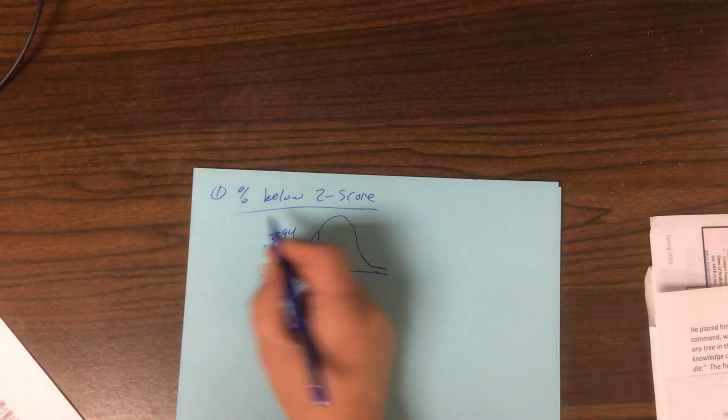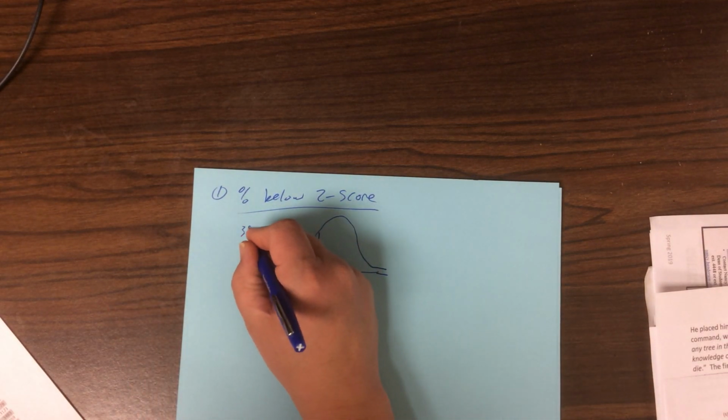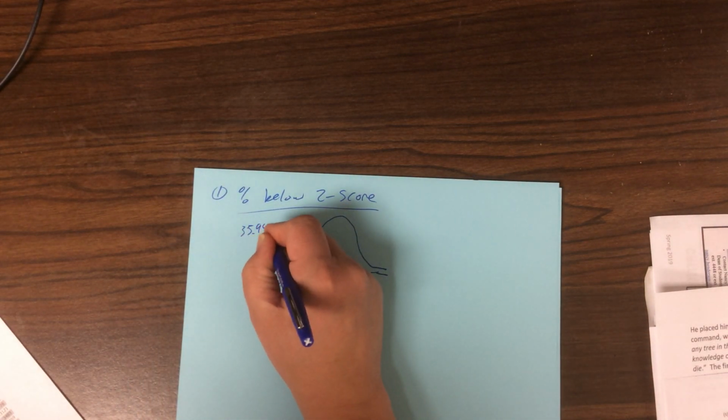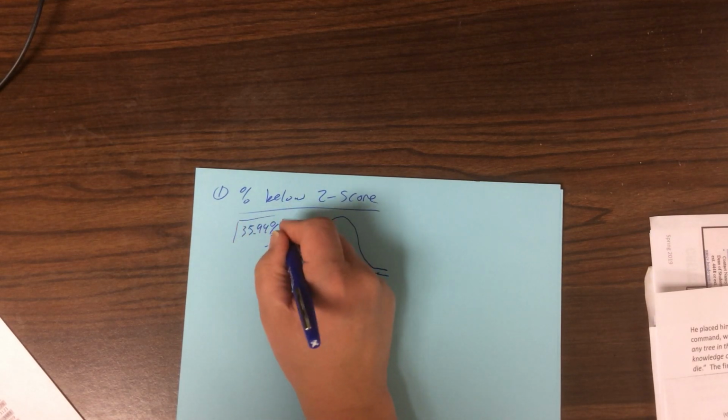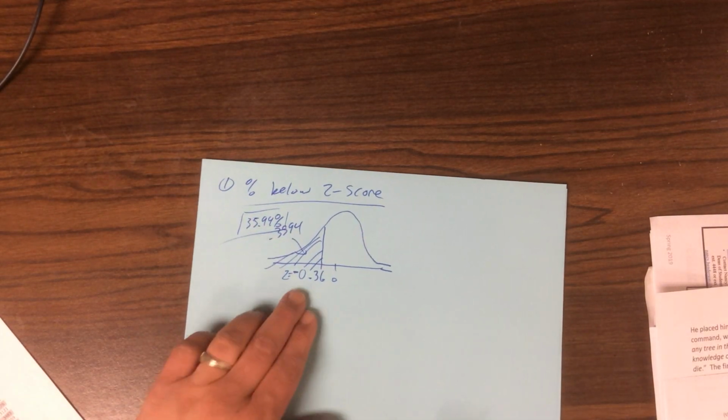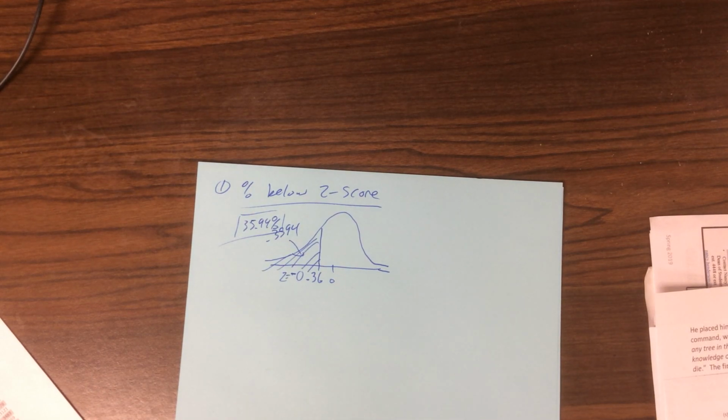And the table gives you the area below. So if you want the percent below, you just move the decimal point over. So what percent of the distribution lies below this z-score? 35.94%.